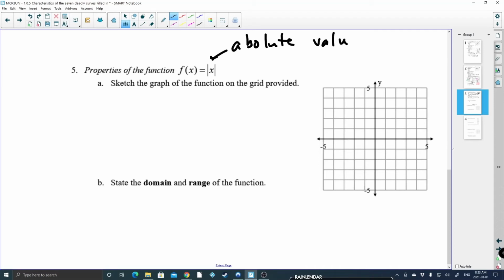Again, this is probably a new function for you. I'm not sure if you've ever seen that before. And basically what the absolute value does is it returns a positive value no matter what sign was in the x value.